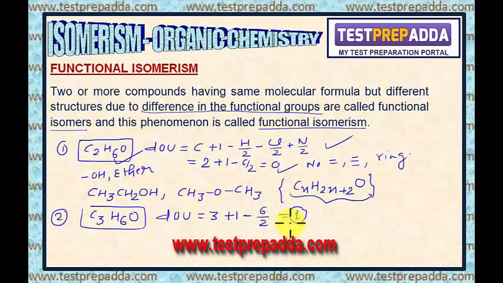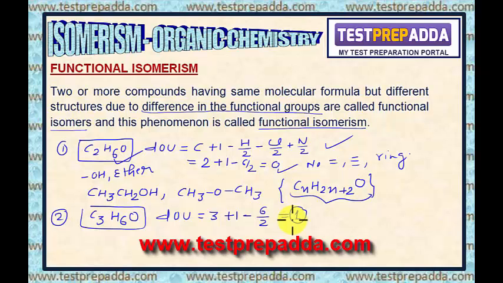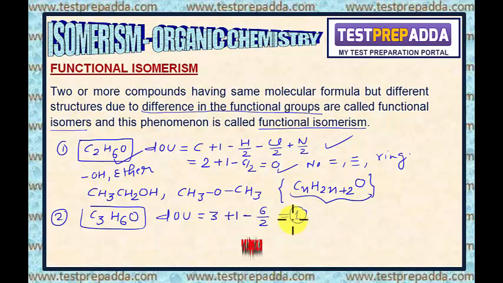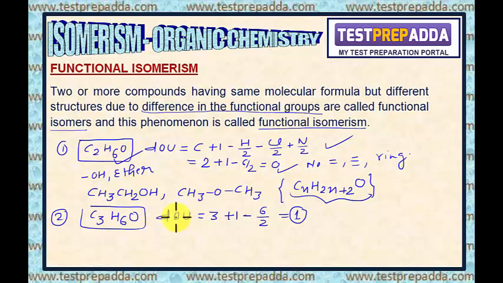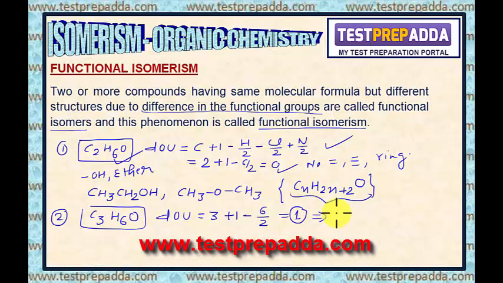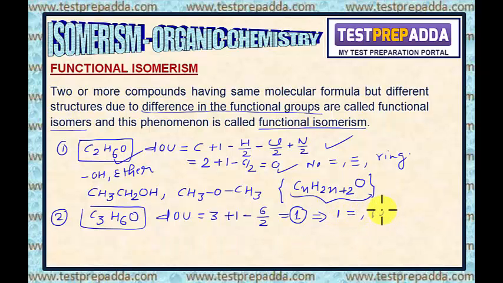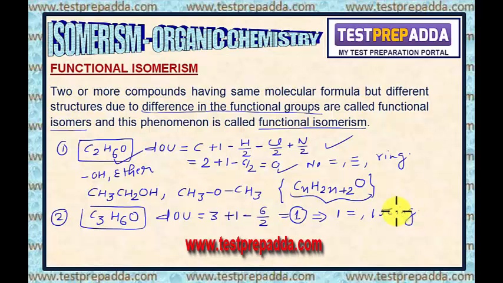So think about those functional groups where oxygen is present and degree of unsaturation is 1. In a general manner, 1 degree of unsaturation means it can have 1 double bond or it can have 1 ring.